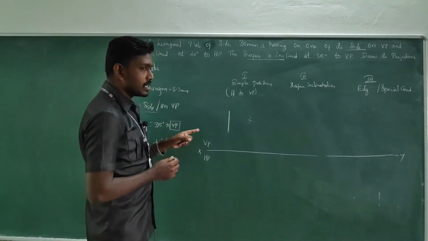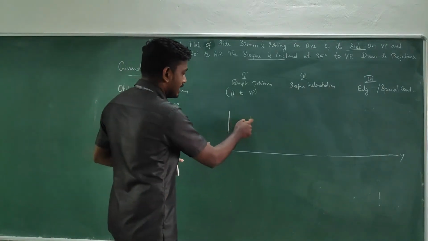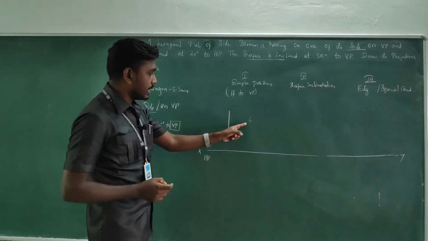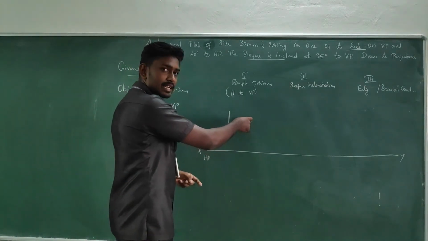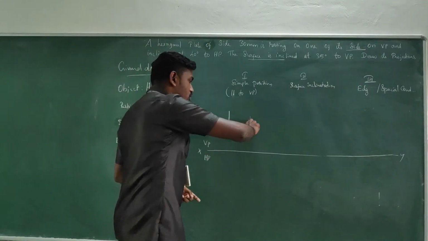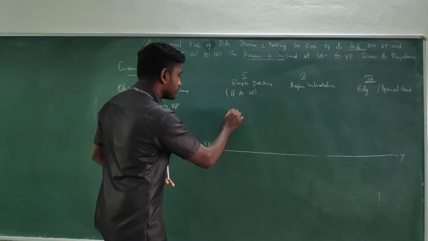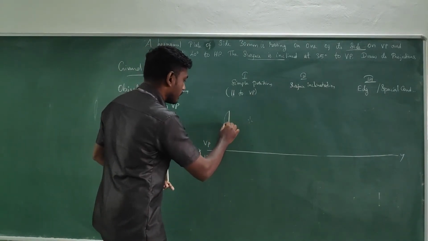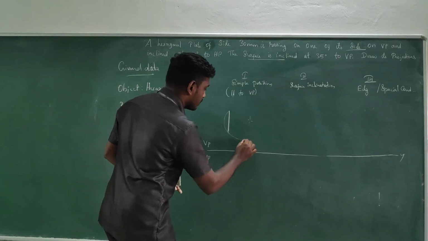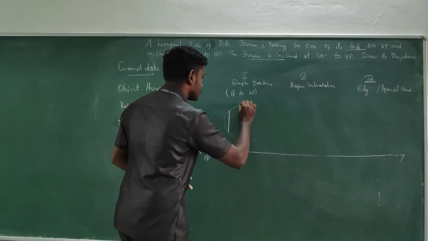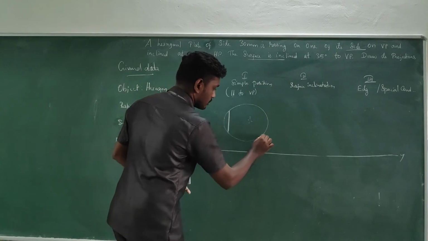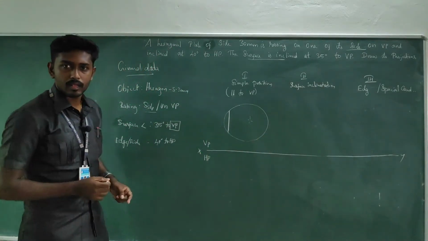Now placing the compass at the center, with the same measurement, go for a circle. When you are drawing, the circle will come like this.